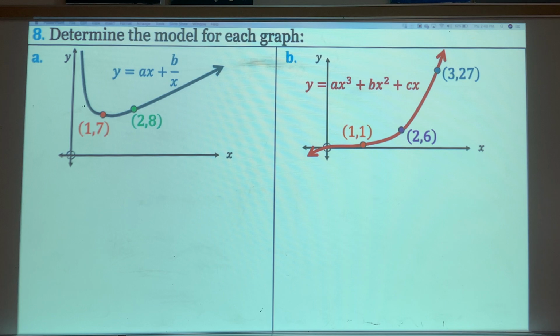Next problem, you're going to use your calculator here. This is the systems of equations. Using the calculator, you have two equations with two variables.